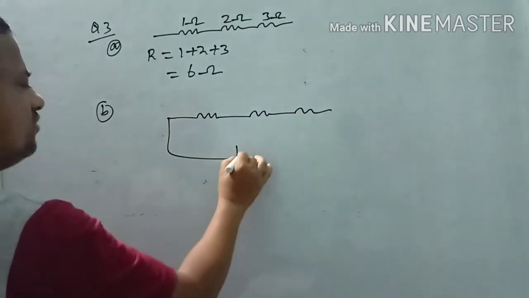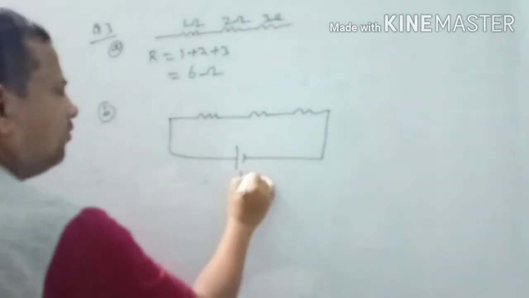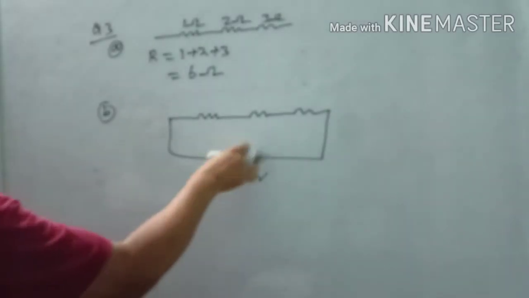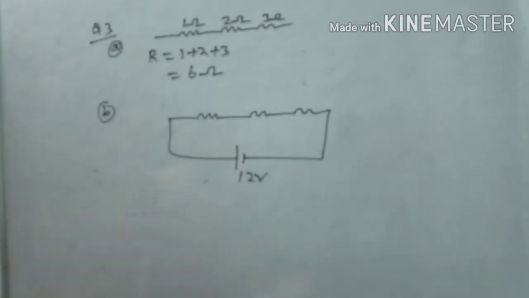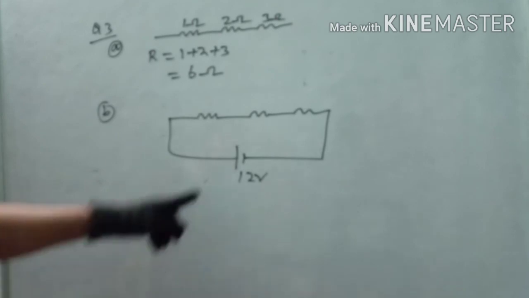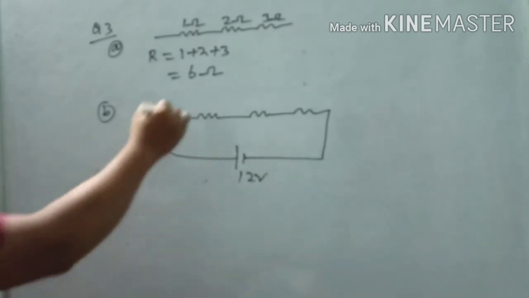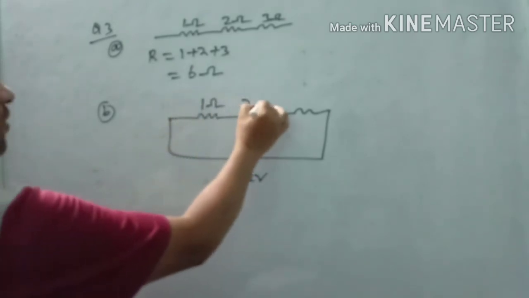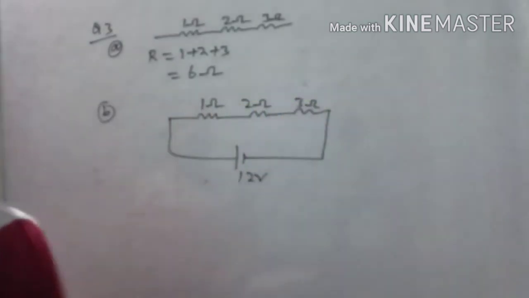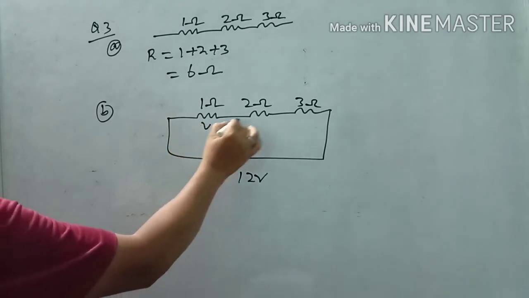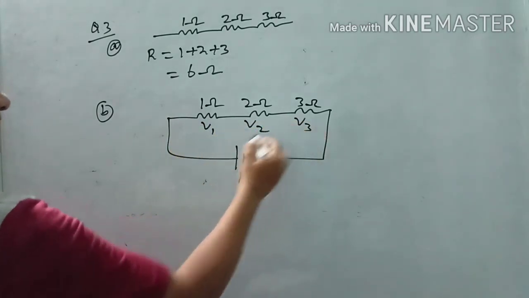This is connected to a voltage of 12 volt with negligible resistance, meaning its internal resistance is neglected. It has no internal resistance. So 1 ohm, 2 ohm, 3 ohm. And you are told to find out V1, V2, V3.